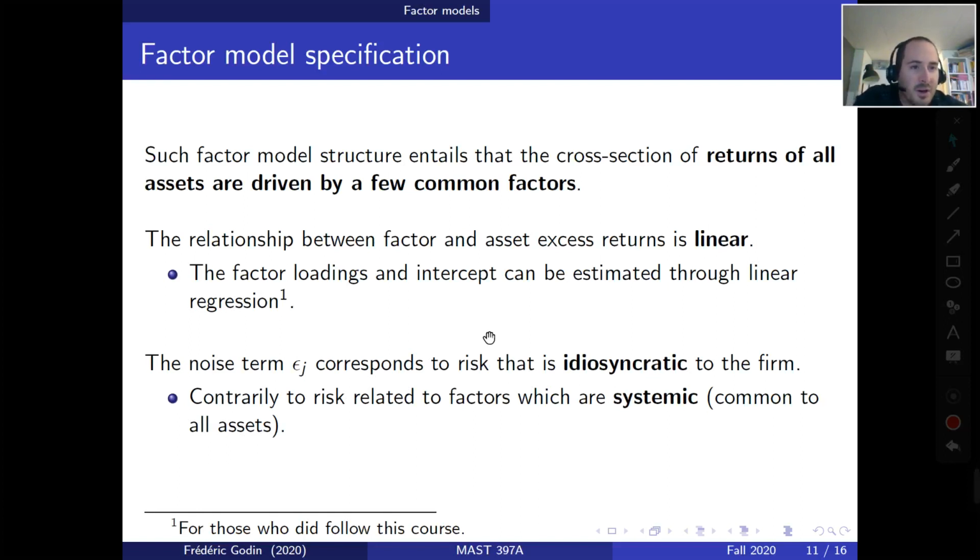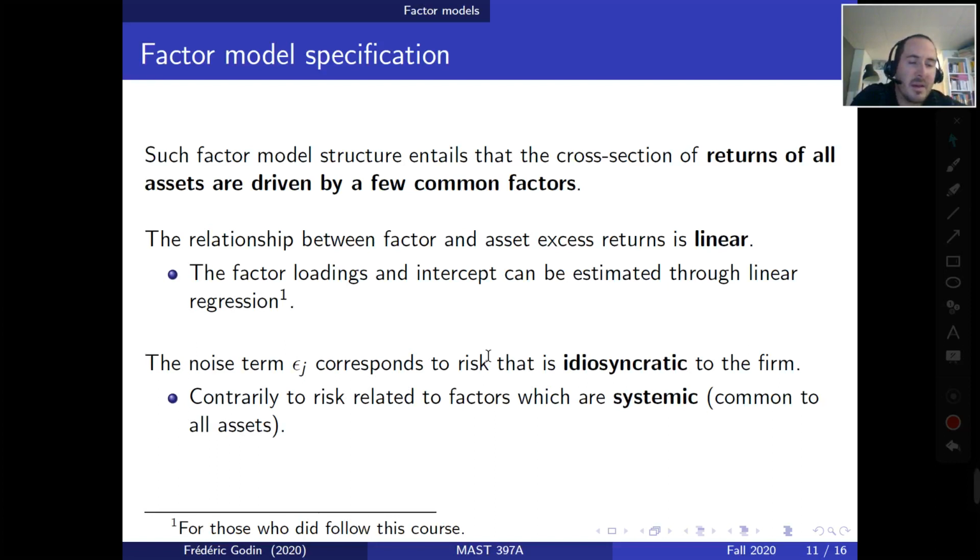The factors are common forces driving the returns of the various assets at the same time, so some form of systemic effects across all securities. But each individual firm might also have a portion of its return which is not explainable by these common driving forces, but is specific to the given firm.